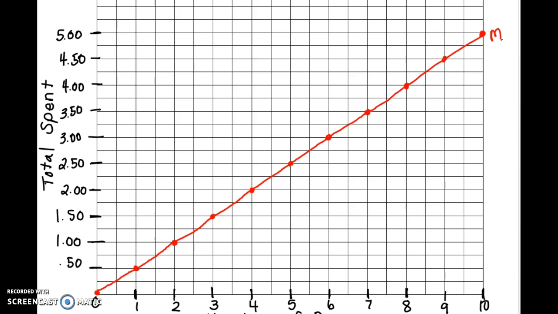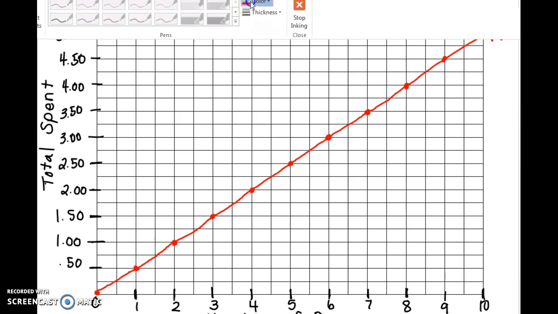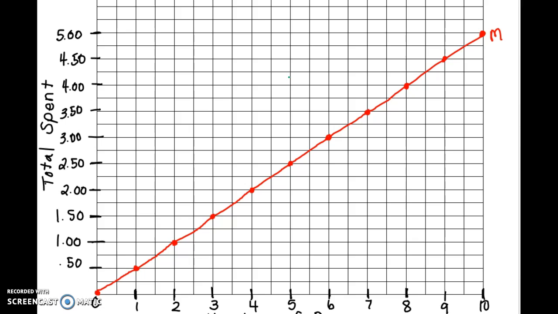Now I'm going to switch colors and graph Kylie. Who can read to me the coordinates for Kylie? Akira? No, there's one before that. 0 and 0.